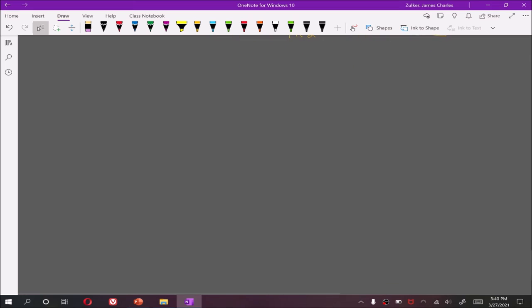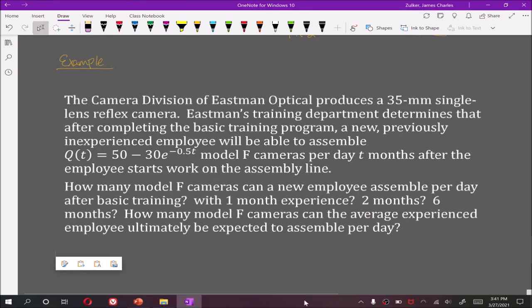Now, let's take a look here. Camera division of Eastman Optical produces a 35mm single lens reflex camera. Eastman's training department determines that after completing the basic training program, a new, previously inexperienced employee will be able to assemble Q of t Model F cameras per day, t months after the employee starts work on the assembly line.